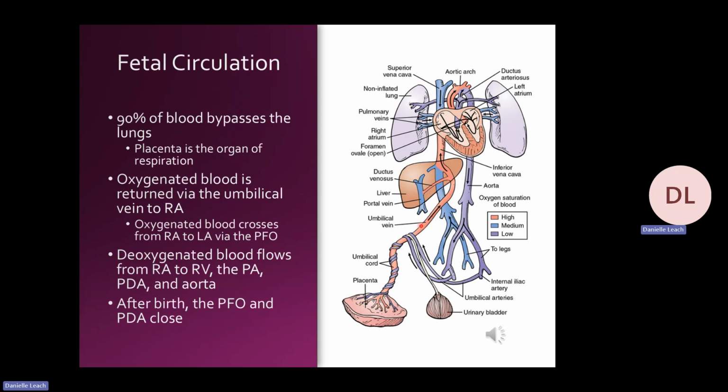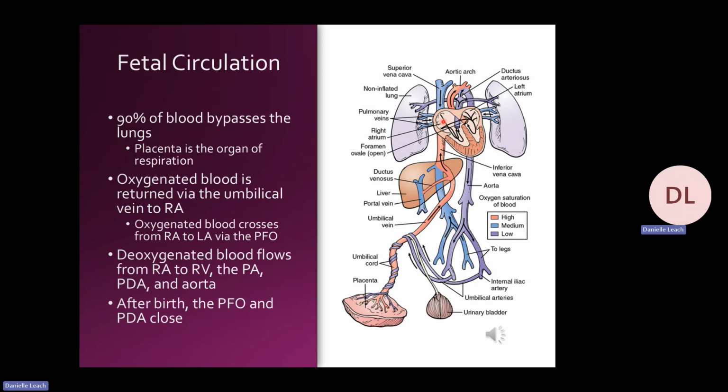So we have oxygenated blood that comes up from the placenta into the inferior vena cava and is flowing into the right atrium. We also have deoxygenated blood coming from the superior vena cava into the right atrium. So there's a lot of mixing of blood of high, medium, and low oxygenation status.